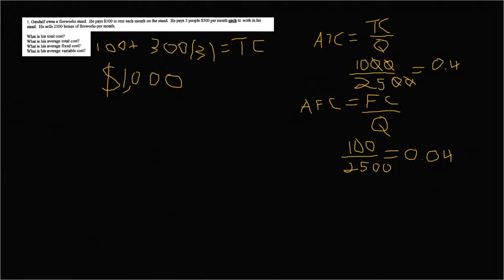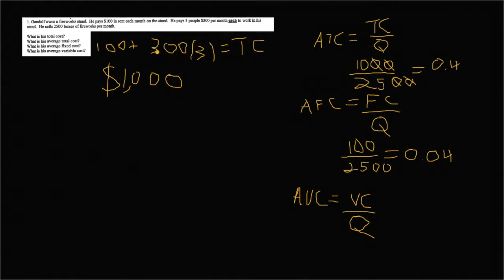And then finally, average variable cost. And like everything else we've done here, it's going to be the variable costs, which we said was this. So variable costs divided by the total number of quantity sold.